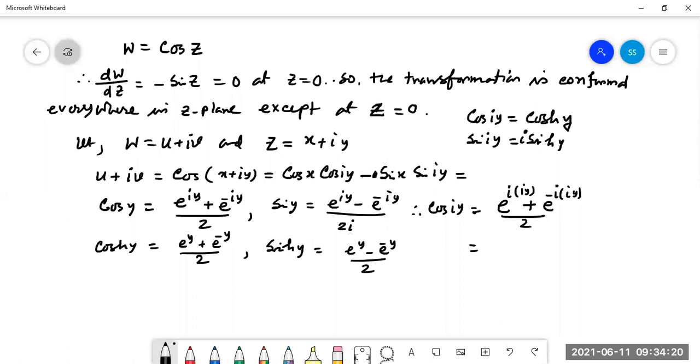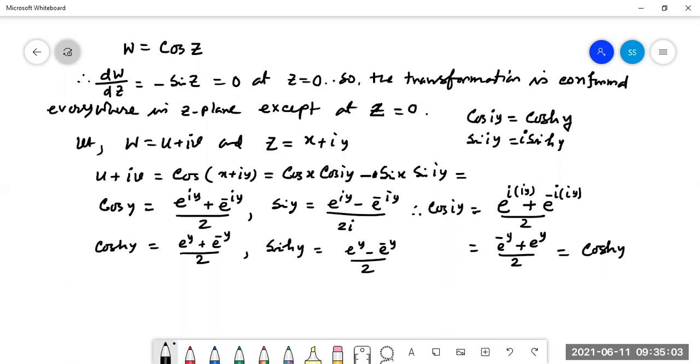I square means minus 1, so it is e to the power minus y plus e to the power y by 2, which is cos hyperbolic y.